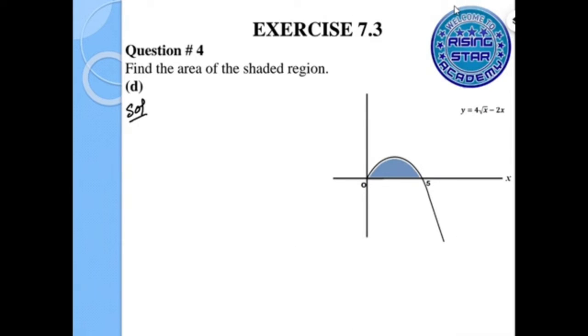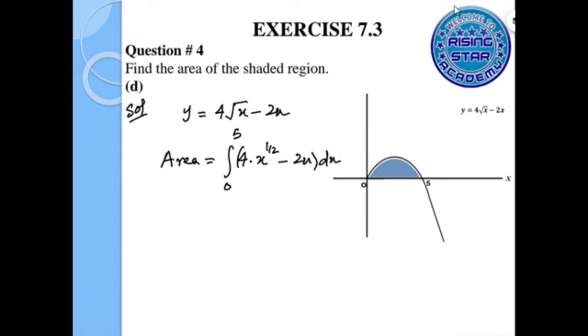We have y is equals to 4 times root x minus 2x. The area would be from 0 to 5, 4 into x to the power of half minus 2x dx.